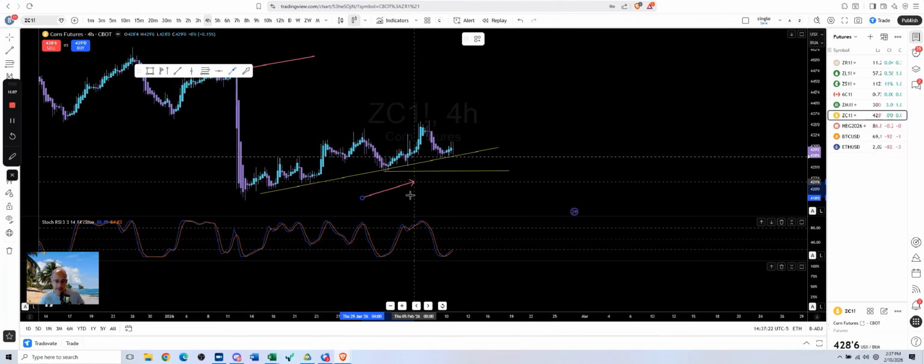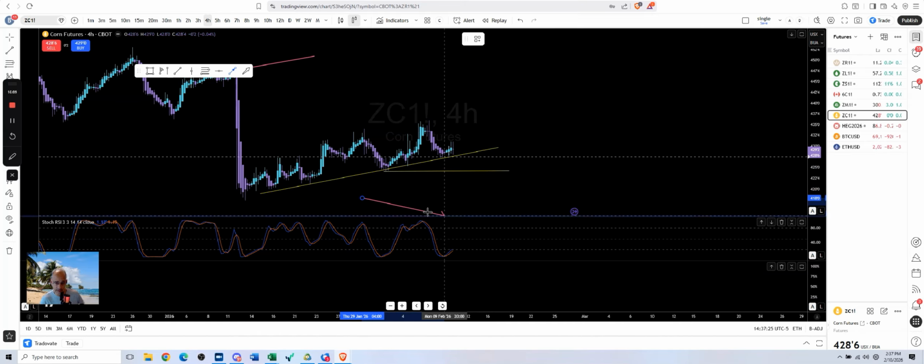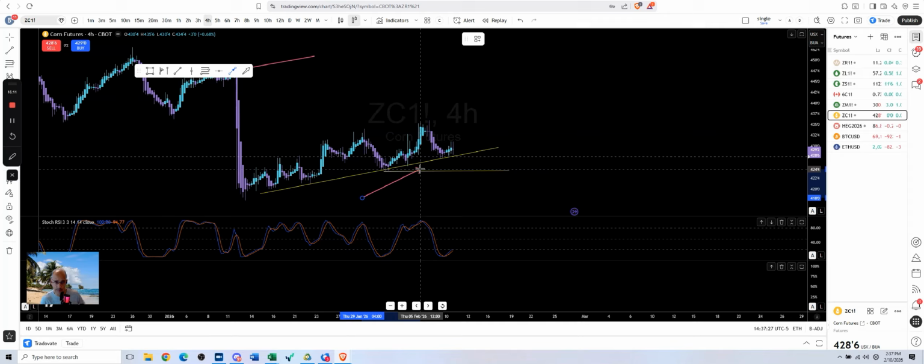But basically, not only are you looking for a signal on the oscillator, but if you want to be even more sure, then you wait for market structure to break, which again is probably somewhere, conservatively below this horizontal line, because that takes out this low right here. But at the least, somewhere below this trend line. Okay. So, any solid candle close below this trend line would hopefully point to a better entry.